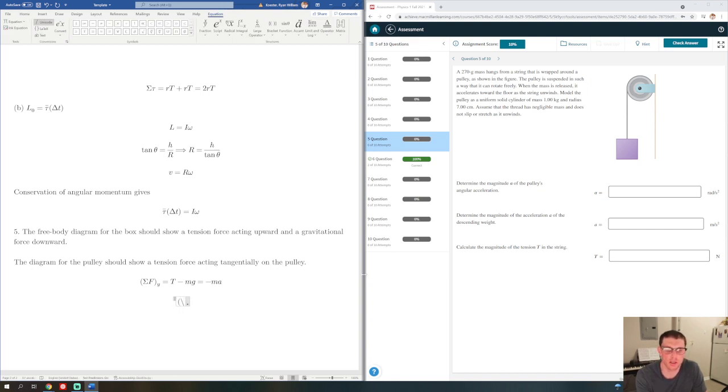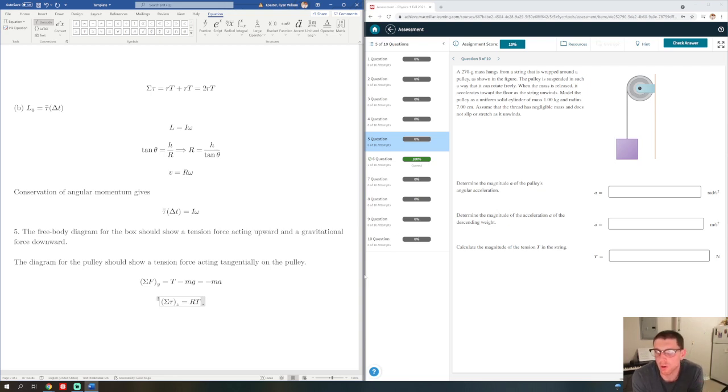Then the net torque equation, about the z-axis, is simply RT. I just wanted to make sure that I'm getting the direction correct here.